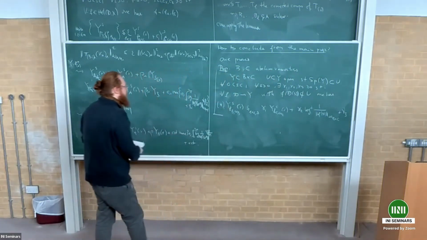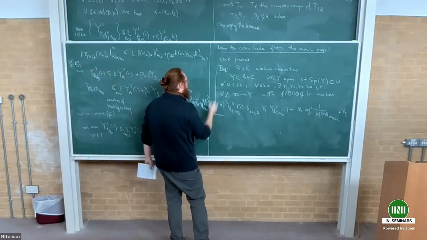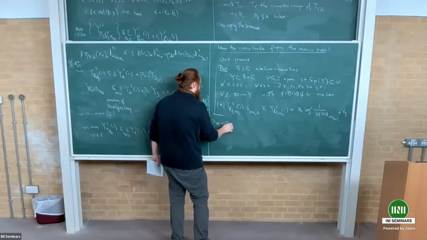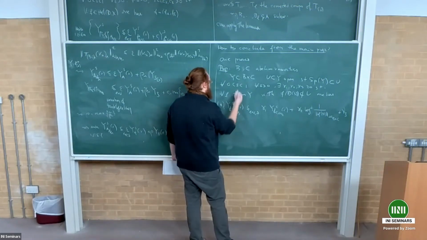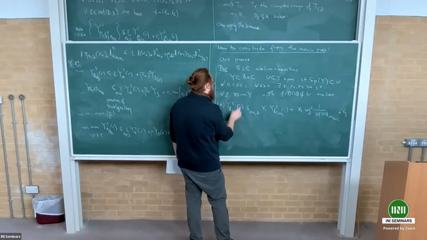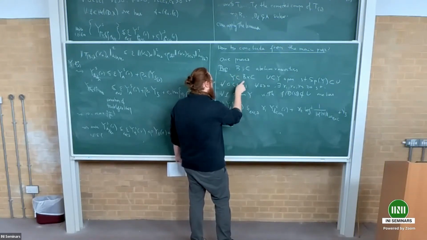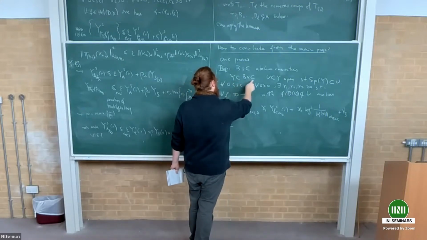And again, so why does this conclude? This proposition implies the theorem. To prove this, you just have to apply this result with B being equal to A and C trivial.